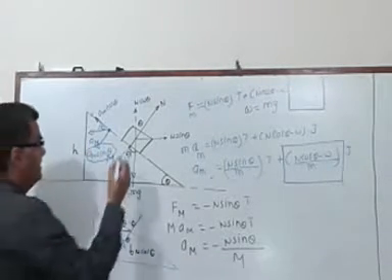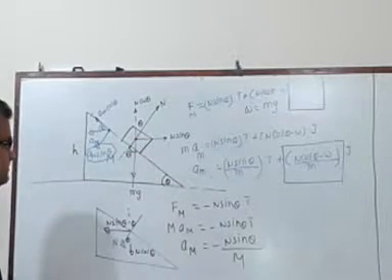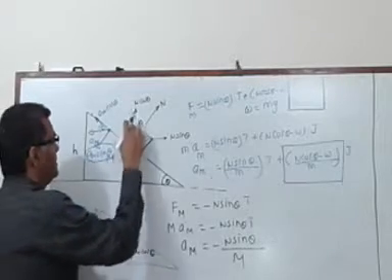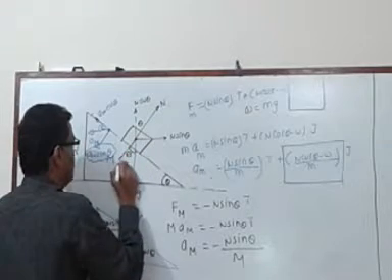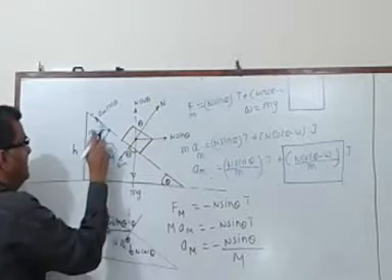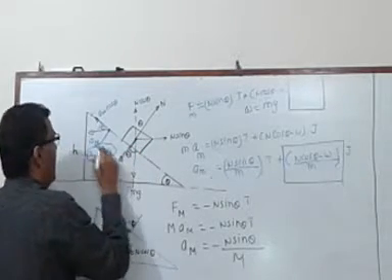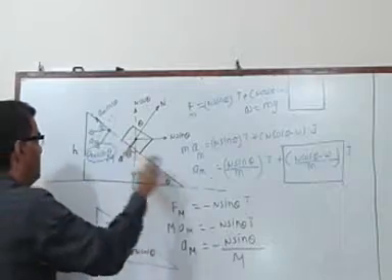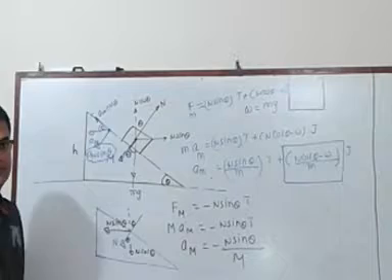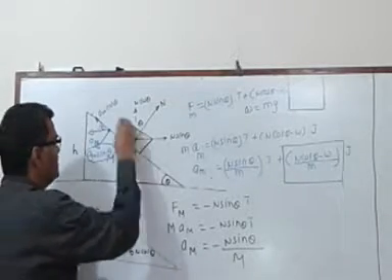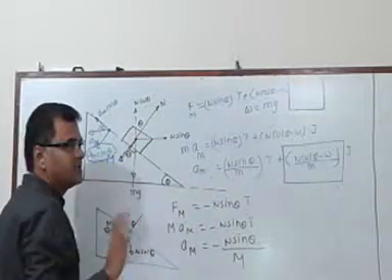At the same time, let us find the acceleration of this block perpendicular to the wedge. The acceleration of the block perpendicular to this particular surface, and the acceleration of the wedge perpendicular to this surface, both of them are going to be the same, because as the block is moving along the incline, its perpendicular component is not changing.